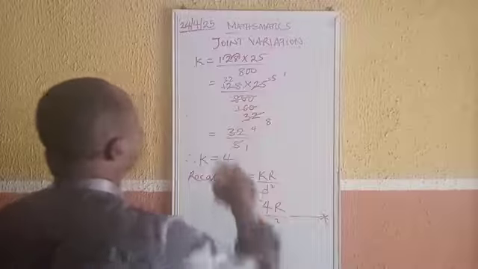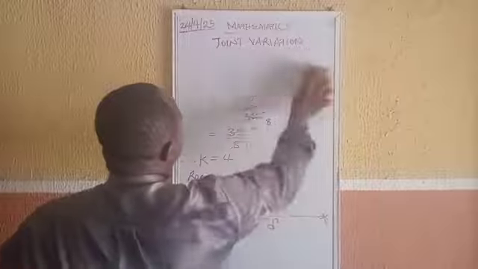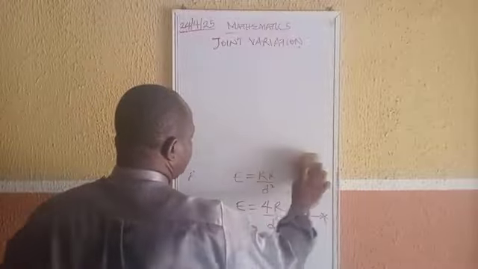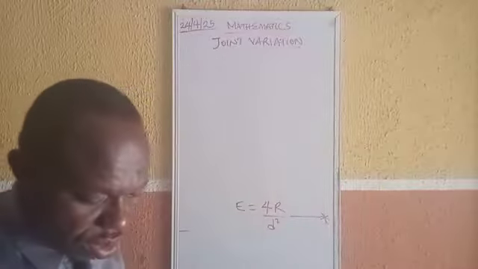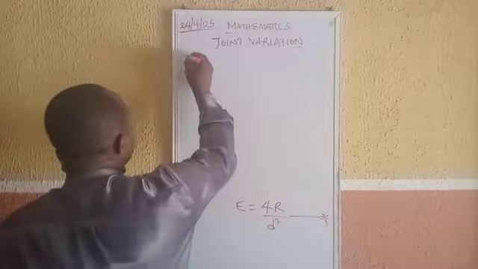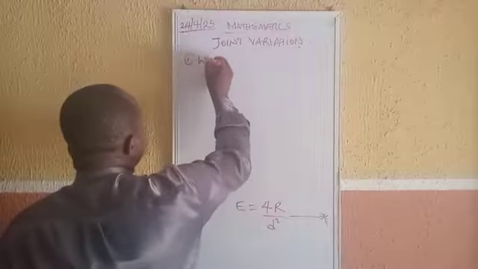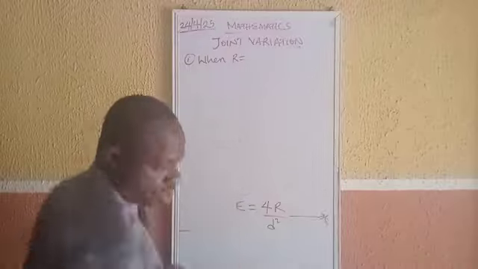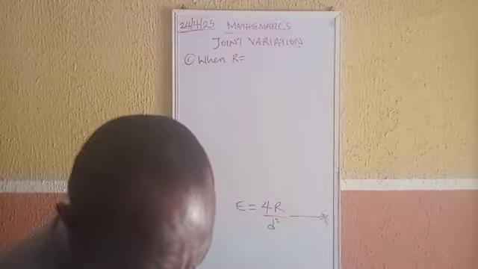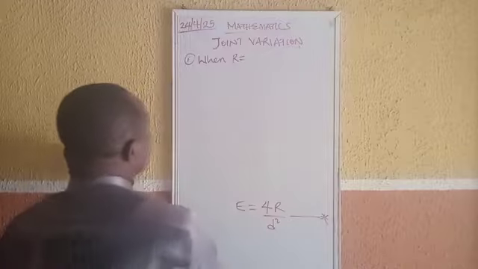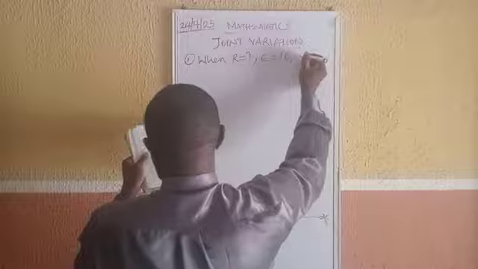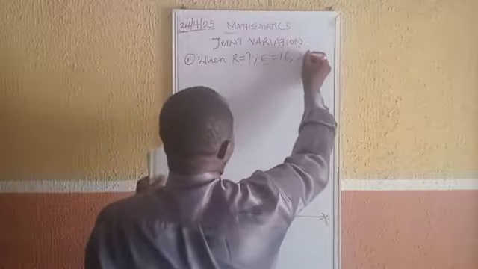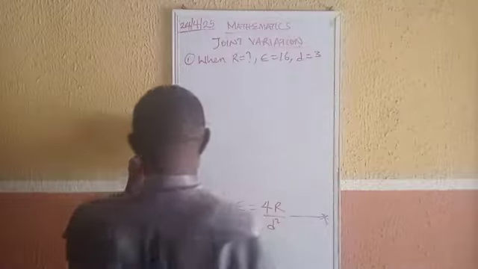Okay, I believe we have quickly taken that down. So let's look at Roman figure 1. When r we don't know, E is 16 and d is 3.